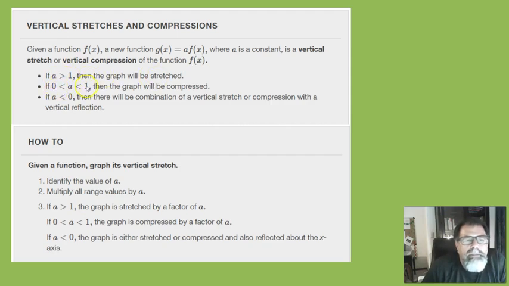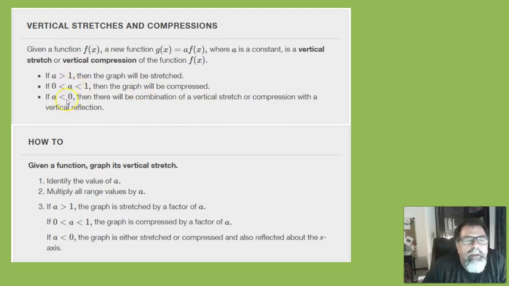If it's between 0 and 1, it's a compression. Now if a is less than 0, that means it's negative, and the negative part is the reflection across the x-axis, the vertical reflection. And if the absolute value is between 0 and 1, it'll be compressed, so it'll be compressed and flipped over.